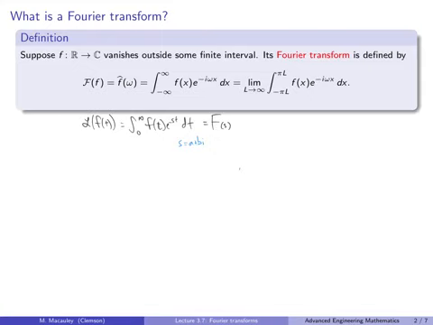Okay, so finally, notice that if you think of s as a general complex number, then the Fourier transform is a special case of the Laplace transform. So if you take capital F and you plug in i omega, a purely imaginary complex number, then you get, using this little f here, the Fourier transform f hat of omega.